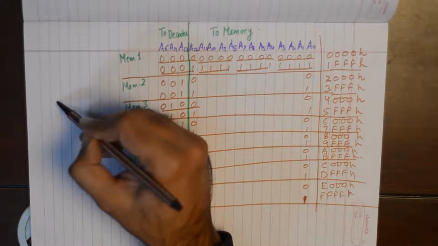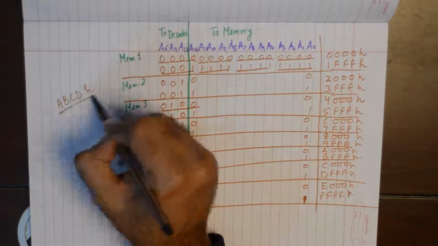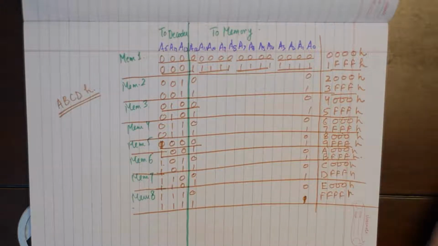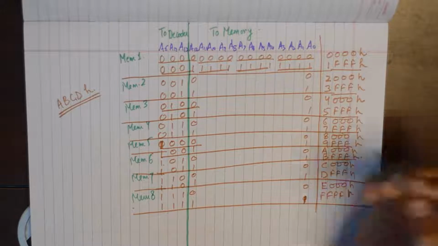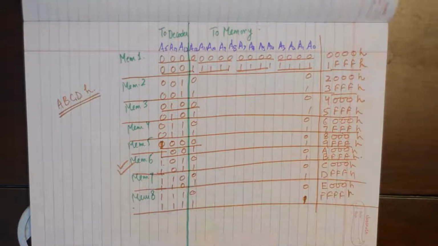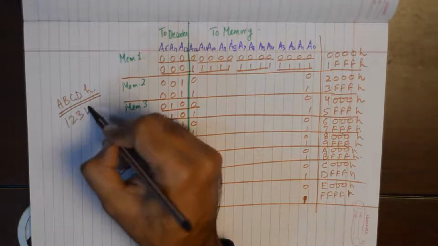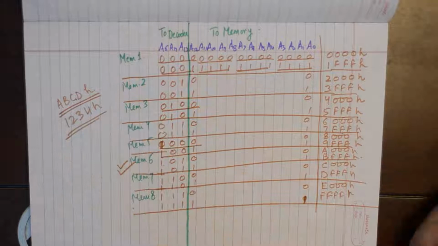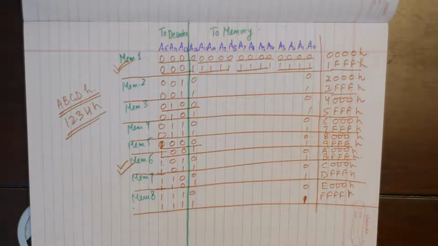Now if microprocessor sends data to some random location ABCDH, you can very well tell that this location lies in memory 6. If microprocessor sends the data to some arbitrary location 1234H, you can tell that this lies in memory 1.